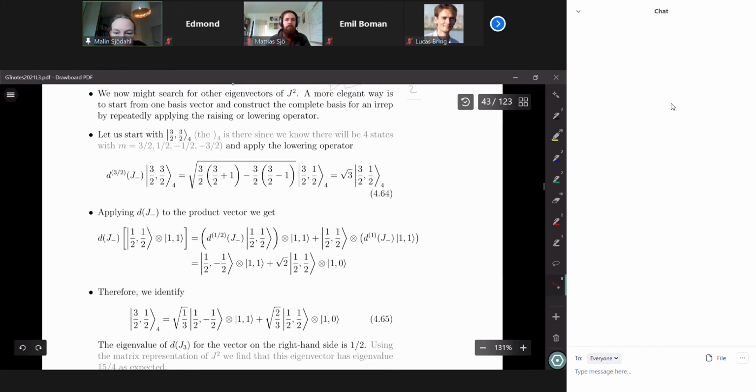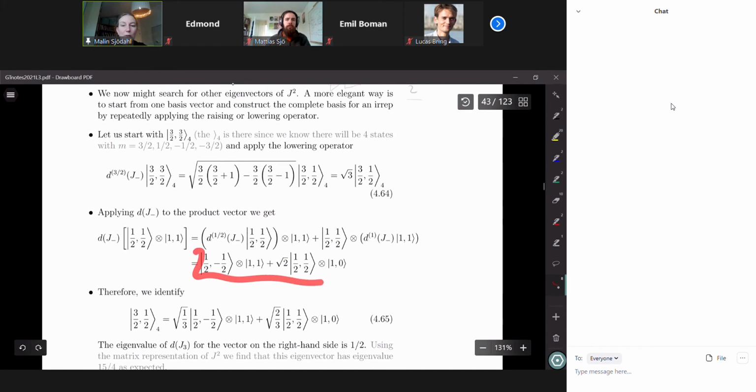Then we have the other state where we did nothing to this one standing here, and we acted on this one, and we should have something proportional to the 1, 0, and the proportionality constant we have seen was √2. So we should have this state, and we get this state. So we should get something that is √3 times this state, and we get this stuff.